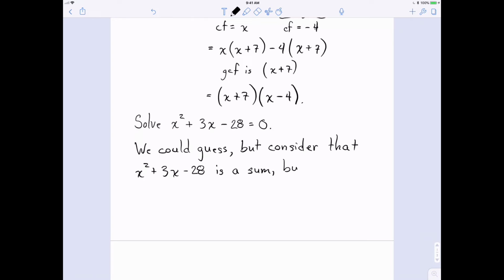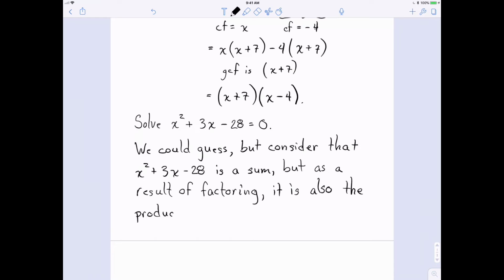But as a result of factoring, it is also the product x plus 7, x minus 4.